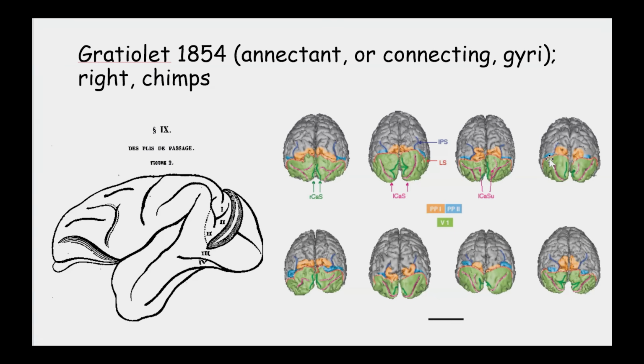You're looking at chimp brains, real chimp brains on the right image with MRI. And you can see that 1 and 2 are color-coded here. They're peeking out of the lunate sulcus. 1 is the orange, 2 is the blue. So they're down within the sulcus, as they are in monkeys, but just a little bit peeks out on the top. And what they're doing, within the depths of the sulcus, is connecting the parietal with the green occipital lobes behind.